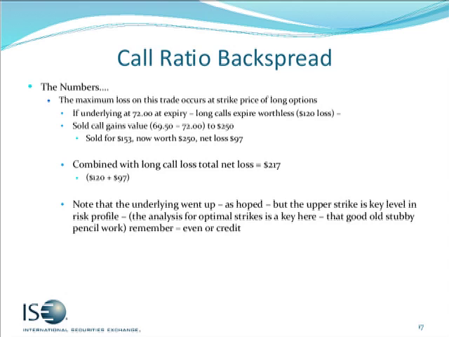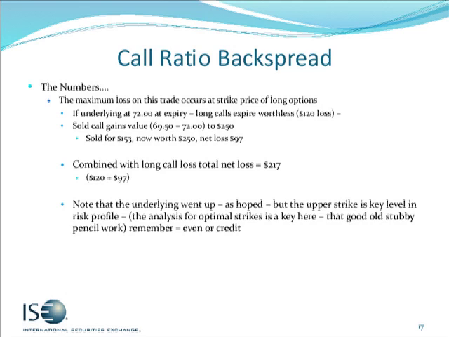At 72, it's now worth $250 in intrinsic value on the sold. So we lost 97 on that side as well. Combined with the long call, total net loss is $217, 120 plus 97.